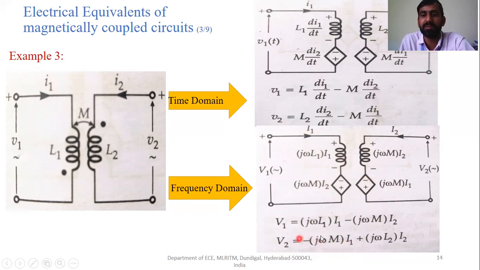Why is it minus? Because the mutual inductance is negative, that's why here the M terms are minus. The M terms are going to be negative, right? So next we will go for the next example.